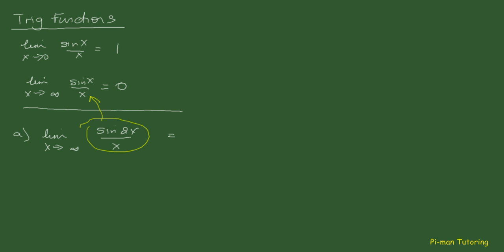So that's the same as the limit as x tends to infinity of sine 2x over 2x, which is the format we're looking for. And then to balance this 2 we've put on the bottom, we're going to put a 2 on top. And we know from our limit rules that we can pull that 2 outside. So that's 2 times the limit as x tends to infinity of sine 2x over 2x.